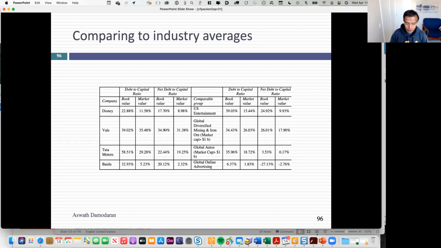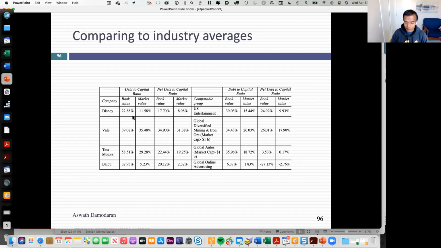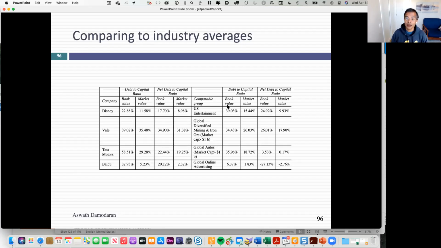Well, I have some good news, because right now it looks like Disney, if you compare to the rest of the entertainment sector, based on every measure of debt ratio, has too little debt. You see how this makes my sales pitch much easier? Because when I go to Disney, I can say, look, guys, you should have more debt because your cost of capital is lower. And by the way, you're also underlevered relative to everybody else in the sector.